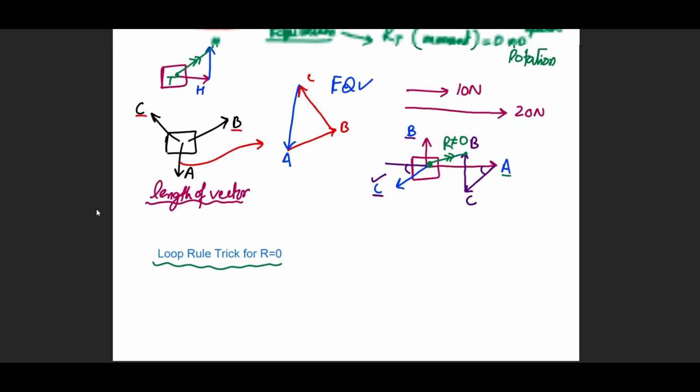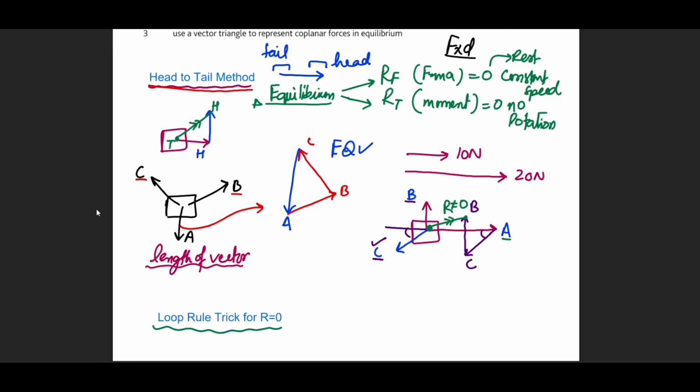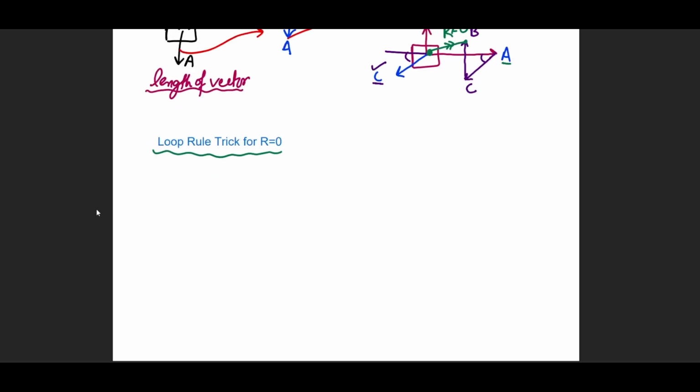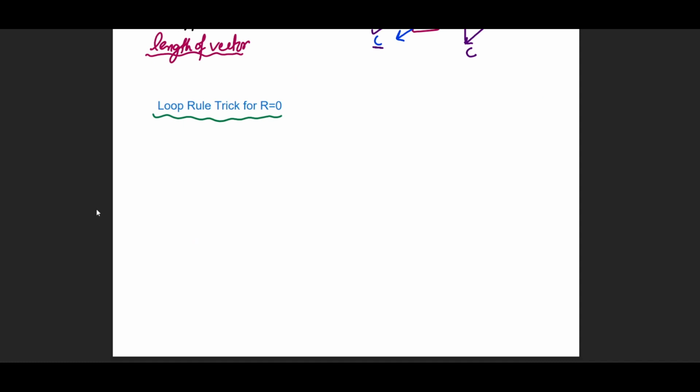So for a system to be in equilibrium, again, I go back to this word equilibrium, because it defines two situations. There is no resultant force and there is no resultant moment. The object is not rotating and the object is not accelerating or moving, right? So for example, let's say we have an object placed on the floor and there is another force acting in this direction, but the object is not moving from its position.